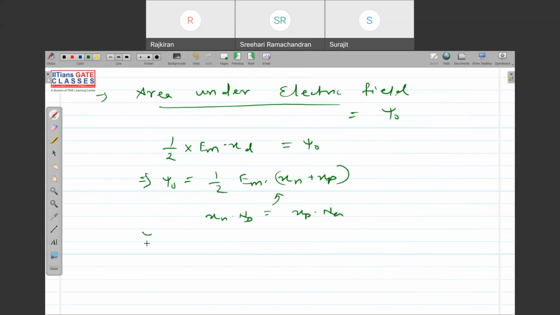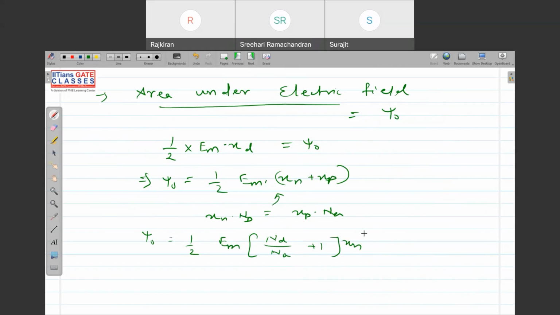What will you get? psi 0 equals half Em into (Nd by Na plus 1) into xn. I just put xp equal to Nd by Na into xn. This is what you got.